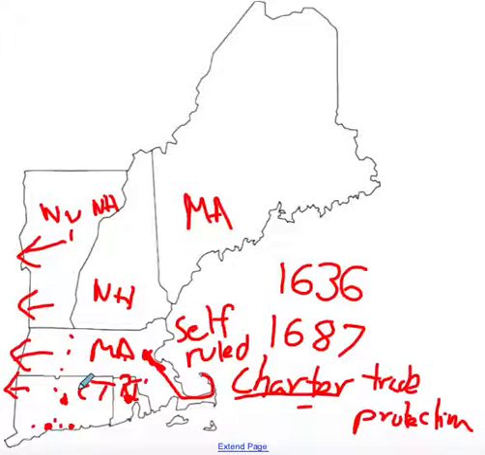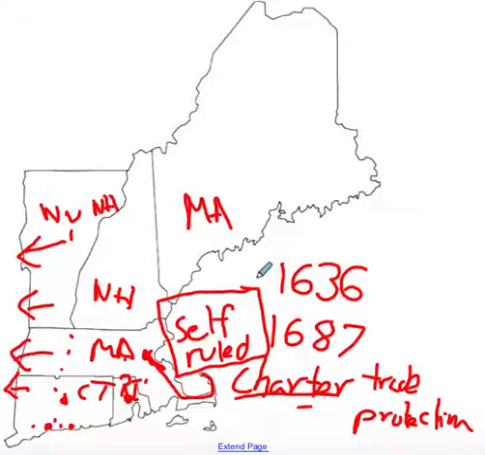So they really liked their self-rule, and that's something that they took pride in. They had their own elected governors, and they had their own elected House of Representatives in each colony. So Massachusetts had their own governor in the House of Representatives, Connecticut had their own governor in House of Representatives, and so forth. And this was something that they took pride in. It was part of their Puritan beliefs. They took pride in their self-rule.